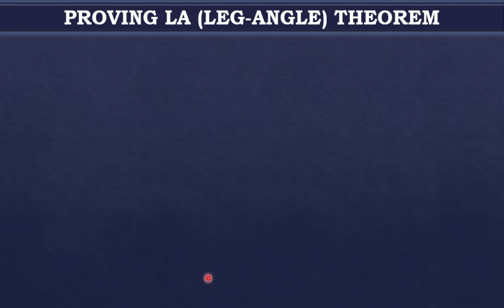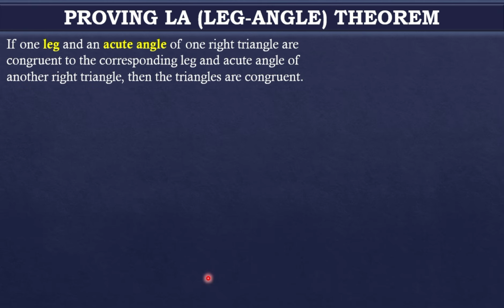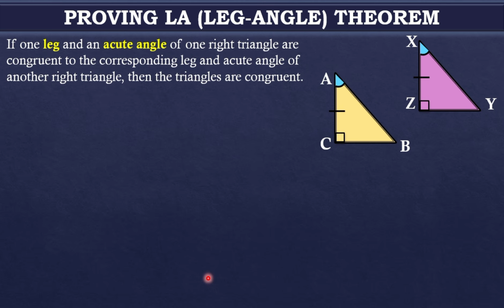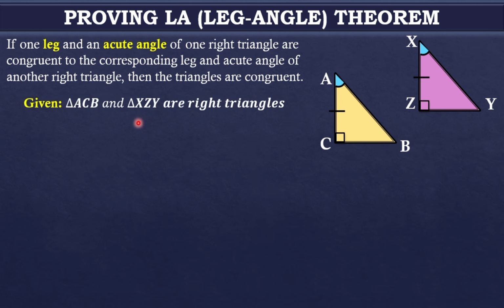Next, let us prove the LA or leg angle theorem. Ito po yung if one leg and an acute angle of one right triangle are congruent to the leg and one acute angle of another triangle, then the triangles are congruent. So, kapag meron tayong leg and acute angle, so let us prove.